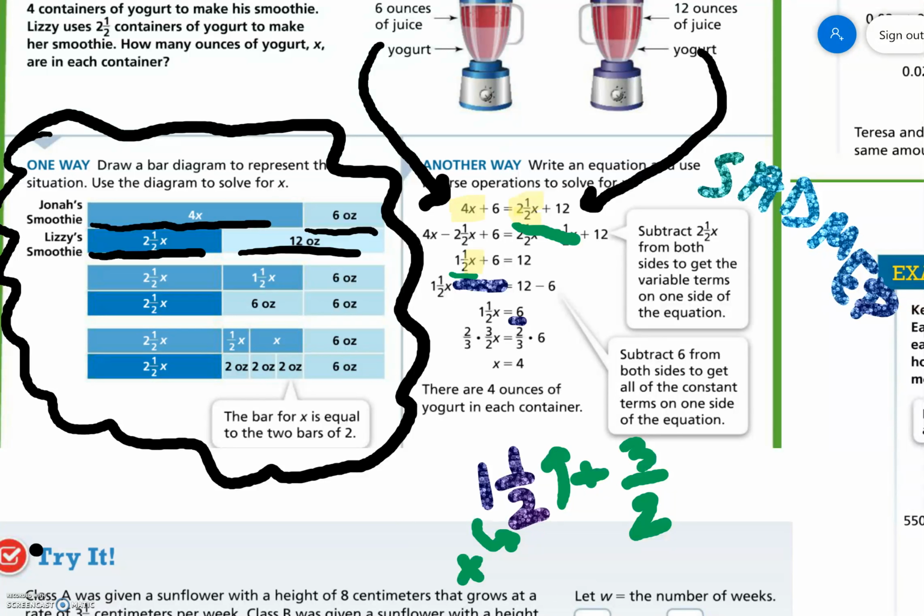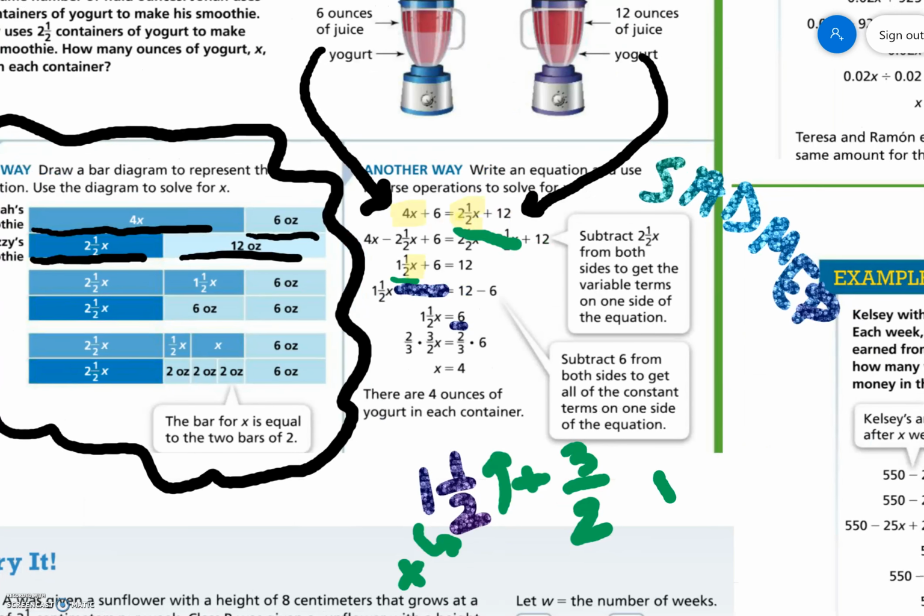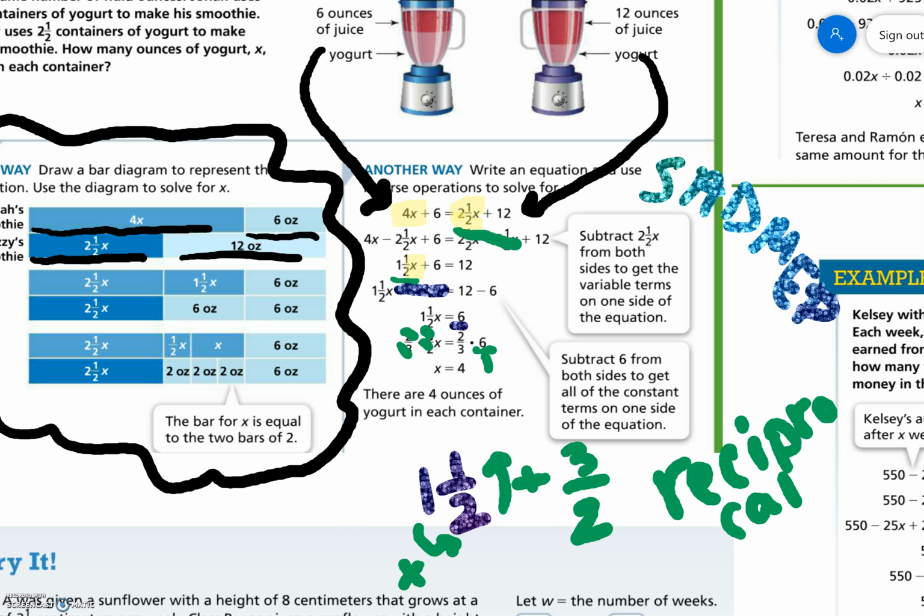Does anybody remember what that's called? The reciprocal. Okay, so the 2's cancel, the 3's cancel. Whatever you do to one side, you have to do to the other. We can put the 6 over 1 and multiply straight across and get 12 over 3, which gives us 4, meaning there are 4 ounces of yogurt in each container.